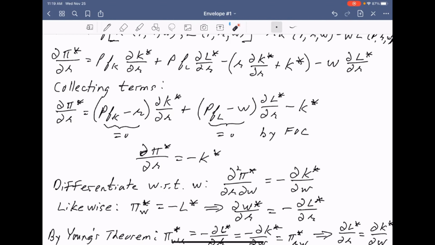All right, so we find that the partial of the indirect profit function with respect to the price of capital is equal to minus the derived demand for capital in an optimum, and likewise the partial of the indirect profit function with respect to the wage rate is also equal to minus the derived demand for labor in this case.